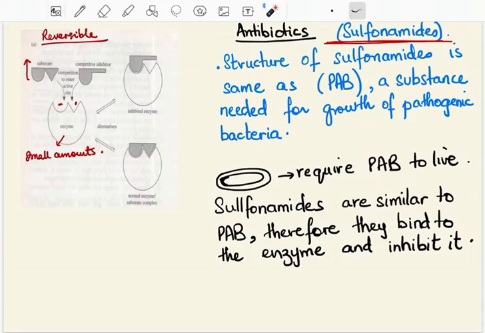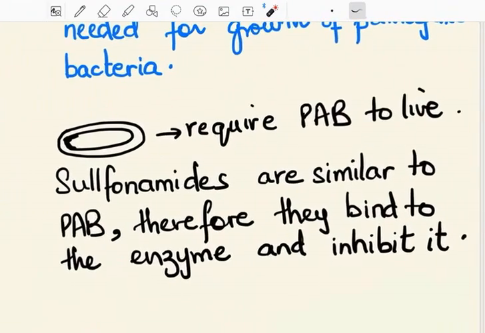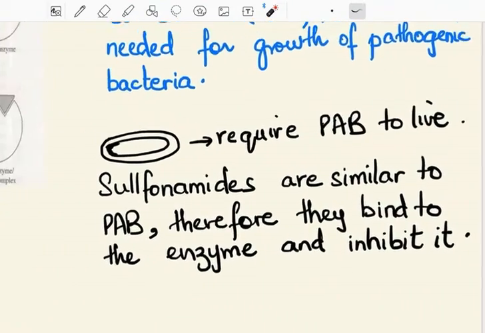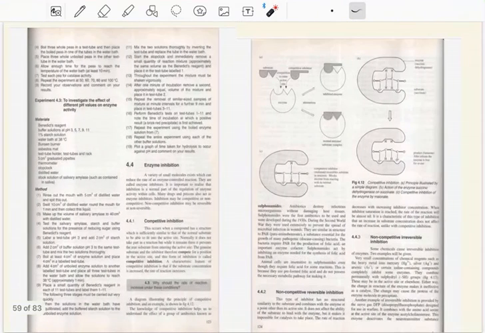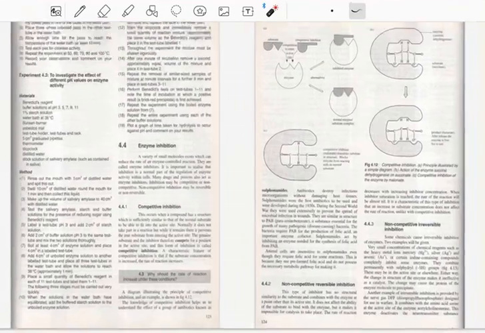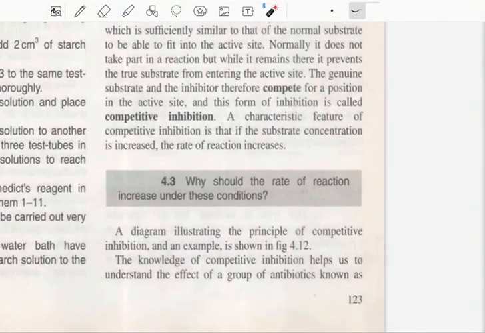Bacteria require PAB, this substance, to live. Since sulfonamide structure is very similar to this substance PAB, therefore the sulfonamides, they bind to the enzyme and they inhibit PAB. So this is how it is. I can show you a detailed description over here as well. Yes. See, what does the textbook say?